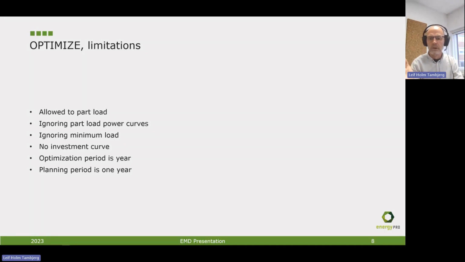Here we calculate the whole year at once, so that itself will often take longer than splitting into single months. I don't think we have done any thorough test of how long it takes compared with the other. But as you saw here, I don't think it takes a lot longer. With complicated models, it will probably take somewhat longer. But if you have an optimization period of one year already, I think the difference will be small.